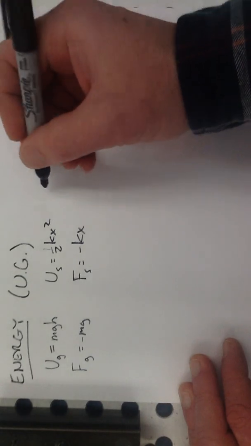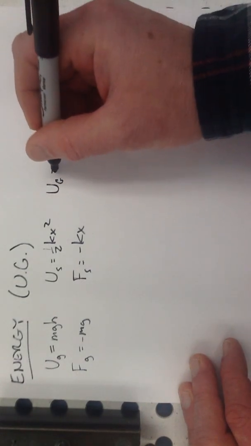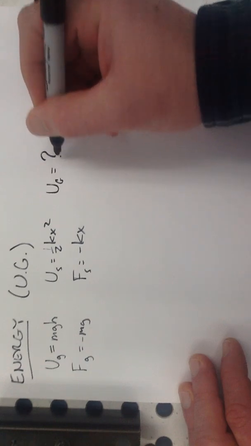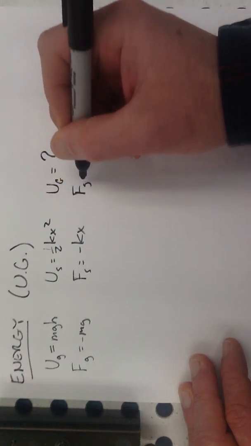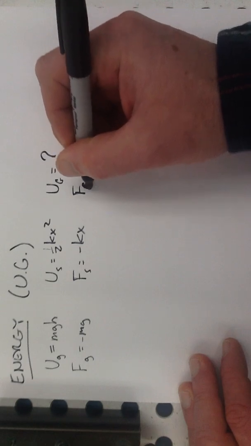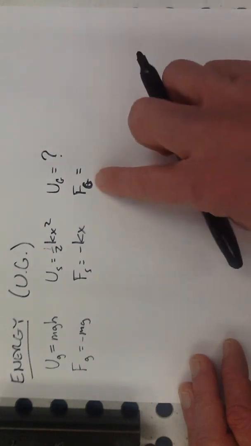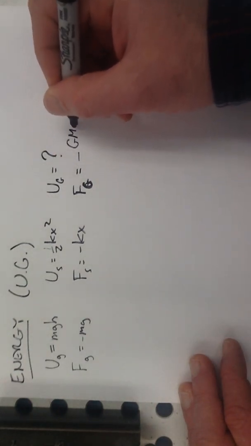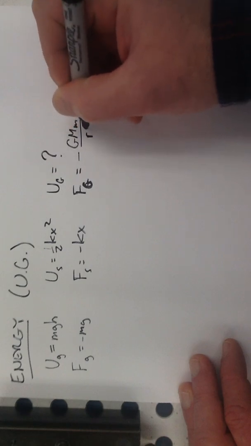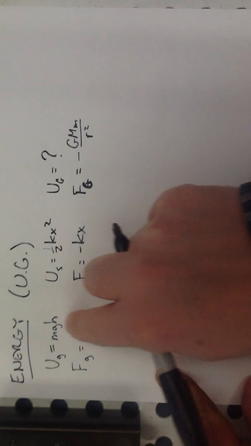So the question is here, oops, should be a capital G. What's this? Well, I know what this is, right? This is negative G M over r squared. And I know how to get from these to these, right?